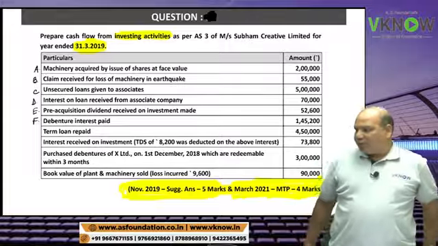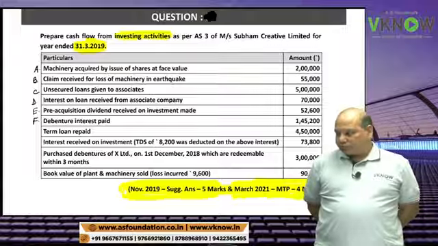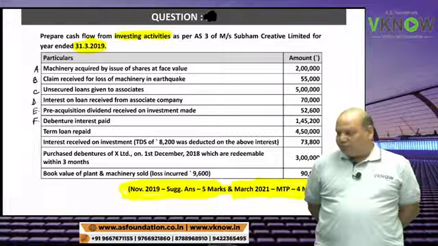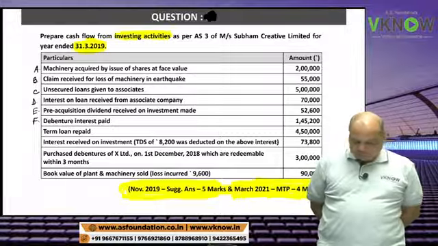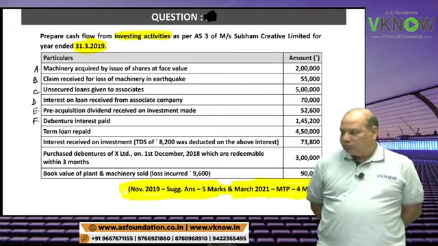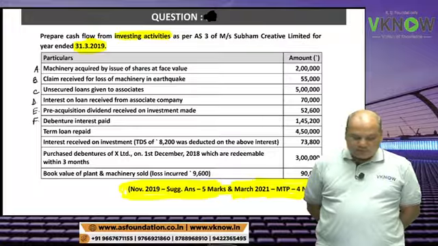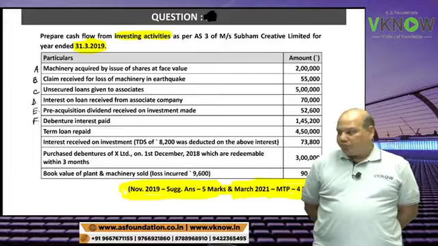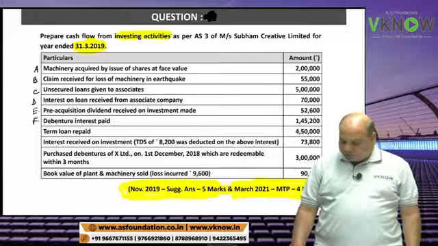Point E: pre-acquisition dividend received on investment made, 52,600.